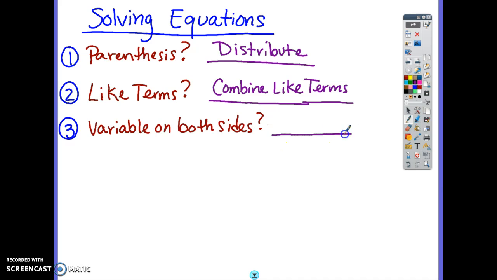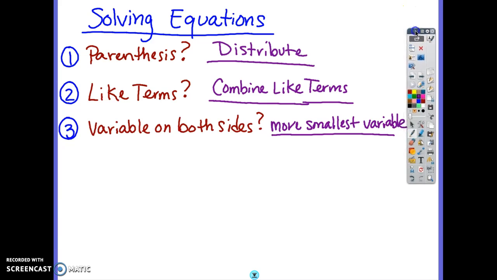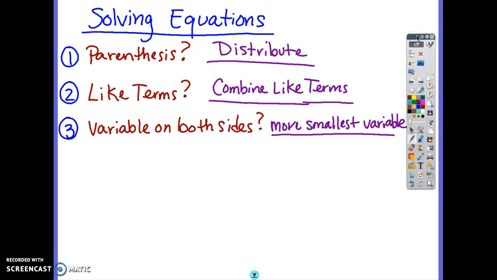And I like to always move the smallest one. So move smallest variable. Move the smallest variable. And again, if you move the biggest variable, is that going to do anything wrong to your equation? No. Okay?